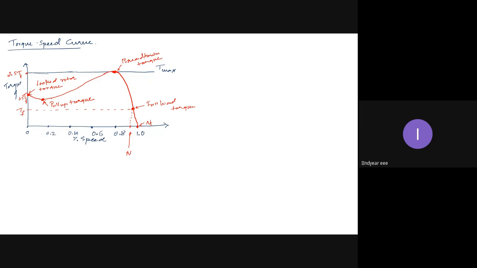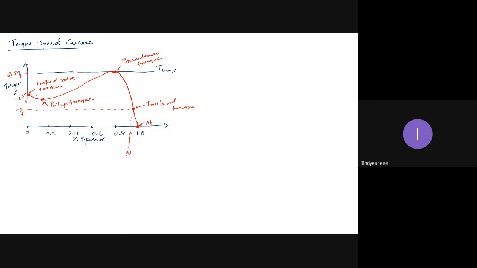Okay, so there are three conditions when the motor will stop. You should remember one thing. There are three conditions when the motor will stop. One, when the motor attains the synchronous speed. Second, when the motor torque is beyond the pull-up torque.